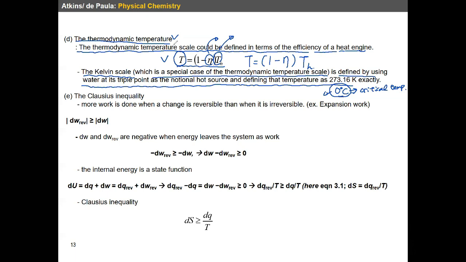So this is one of the relations between the efficiency and the temperature.